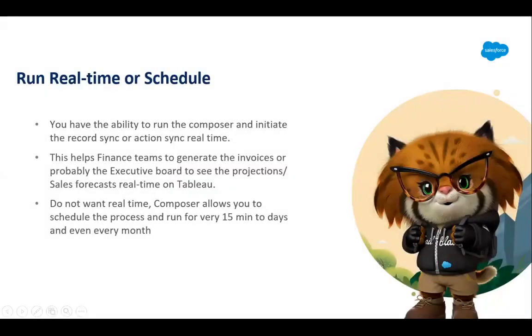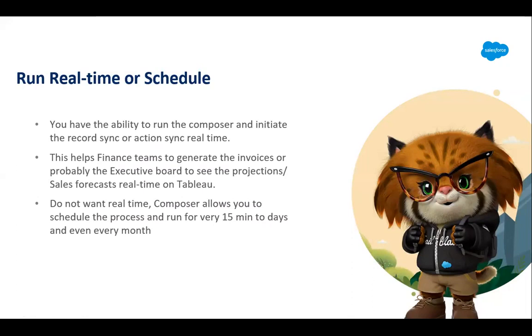Earlier I was speaking about running in real time or on a schedule. You can run the entire connection in real time, so that whenever you create a new record it is sent to the secondary system, or you can do a nightly batch. You can schedule it and leave it, or run a daily, weekly, or monthly batch.